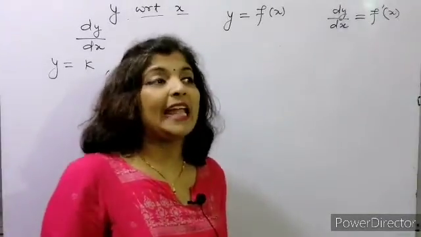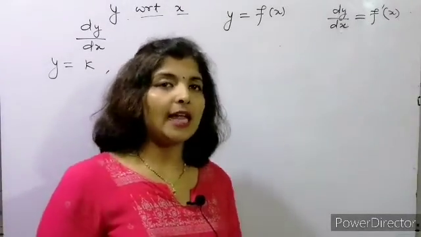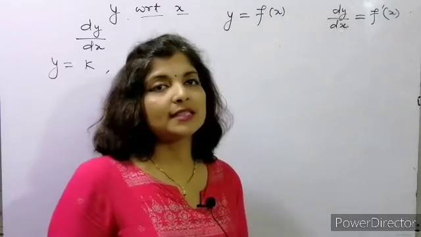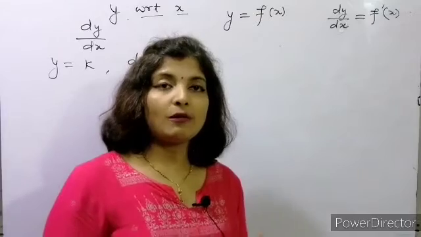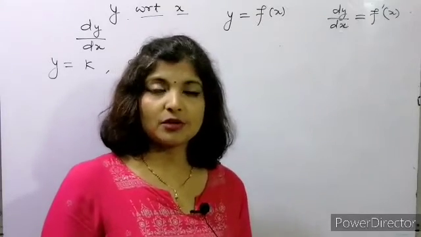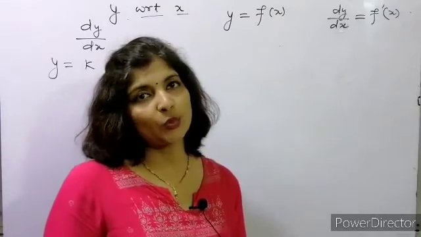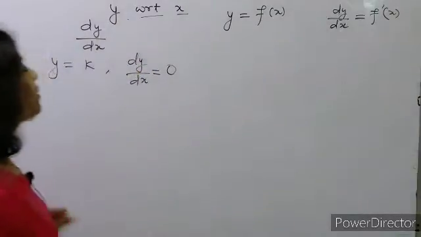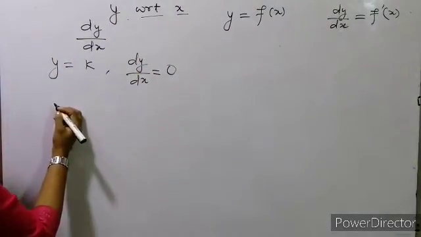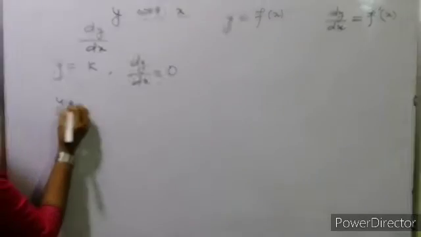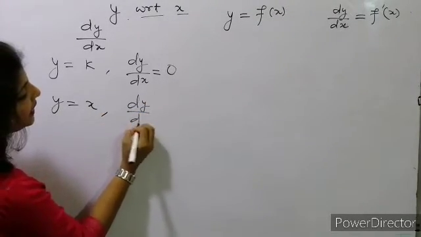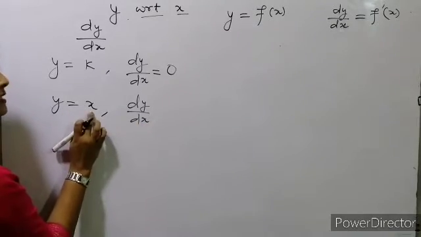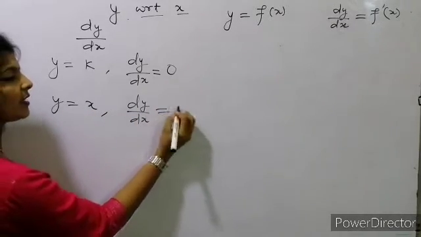Like if it were kx, it would be k, but it is k, that is a constant, so when we differentiate k with respect to x, we get 0. Now if y is equal to x, dy by dx will be equal to dx by dx, which is 1.